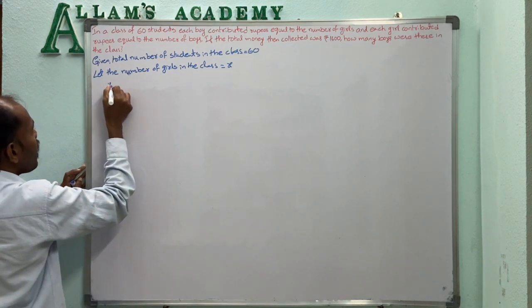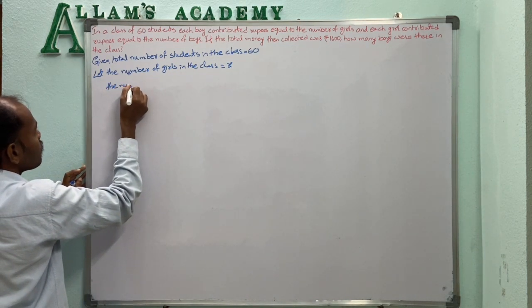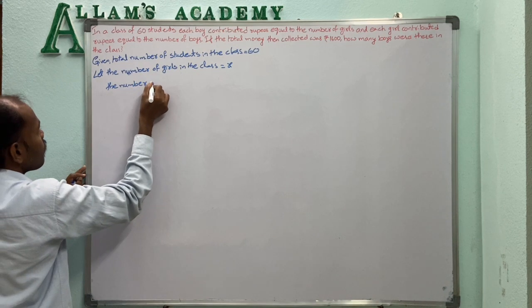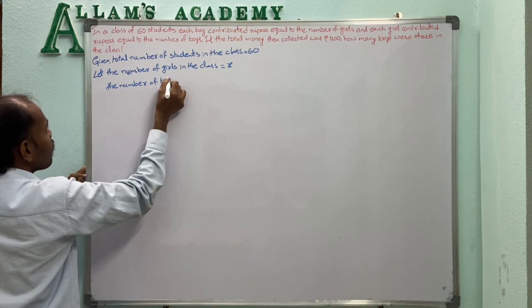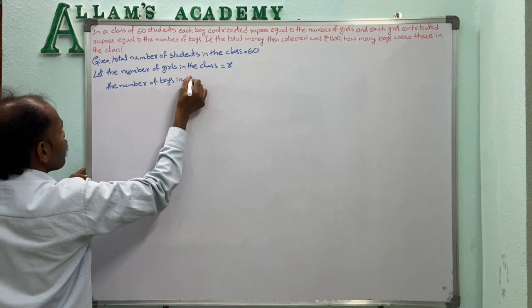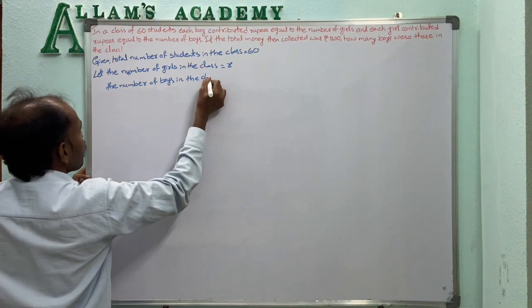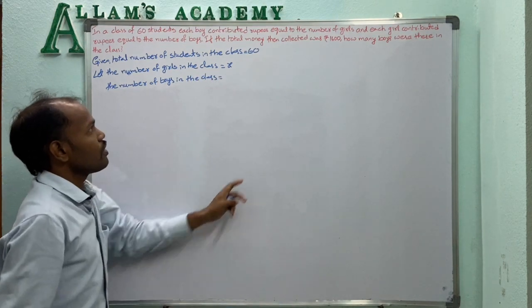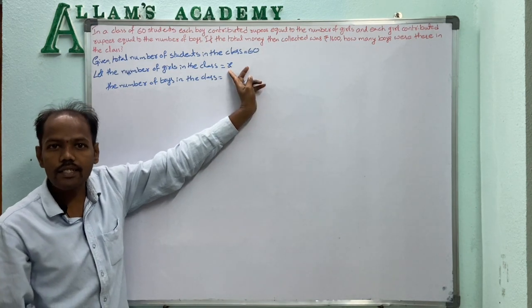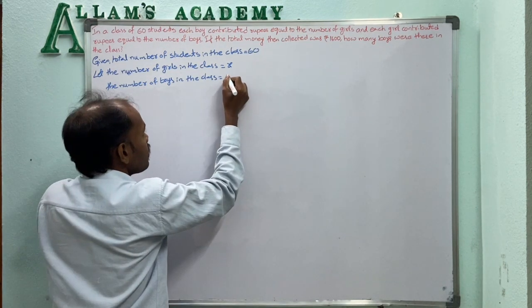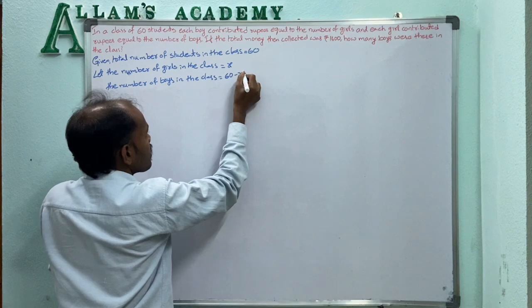So the number of boys in the class equal to 60 minus x.